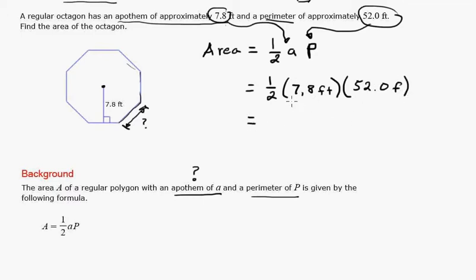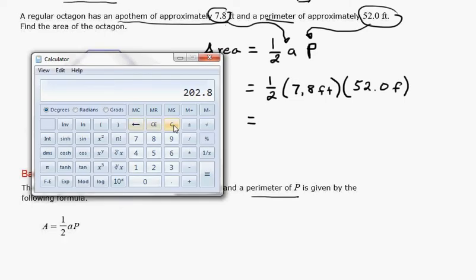Now, the way I see it, I ignore the 1/2: 7.8 times 52.0 divided by 2. I'm going to do that on the calculator real quick. 7.8 times 52 equals 405.6, divided by 2 equals 202.8.